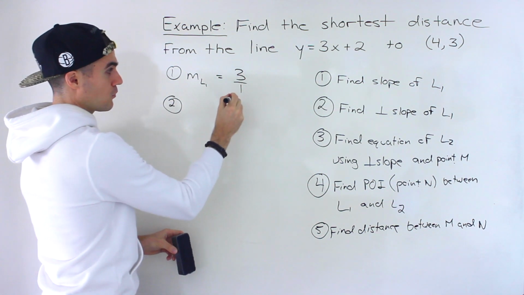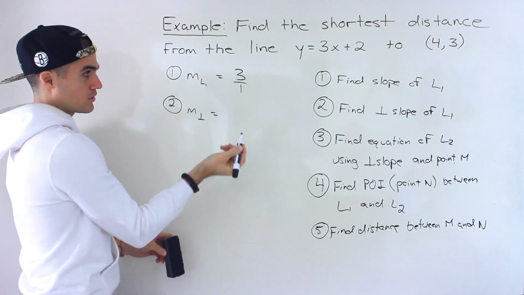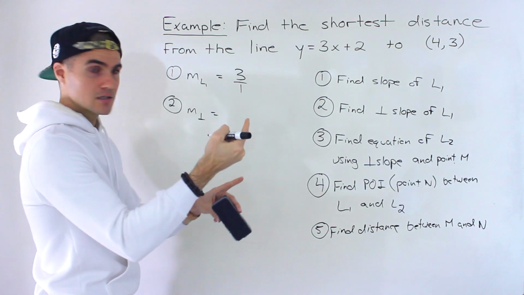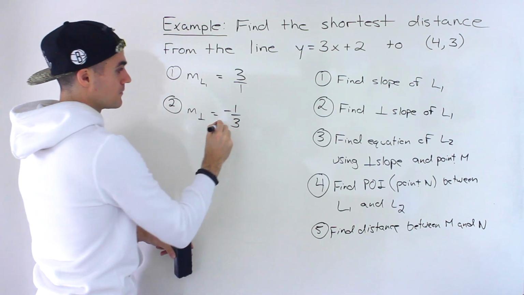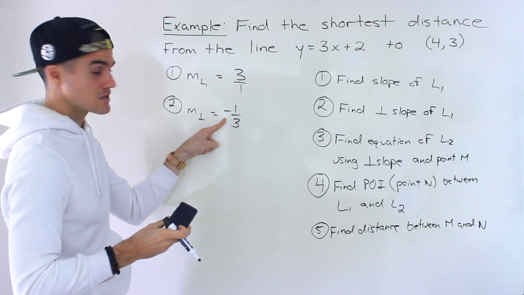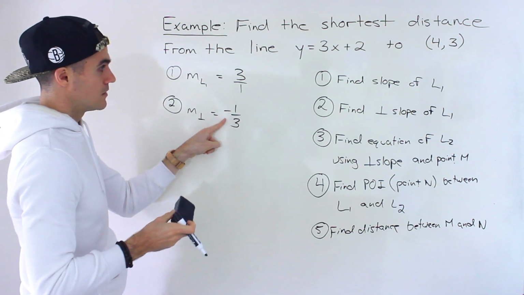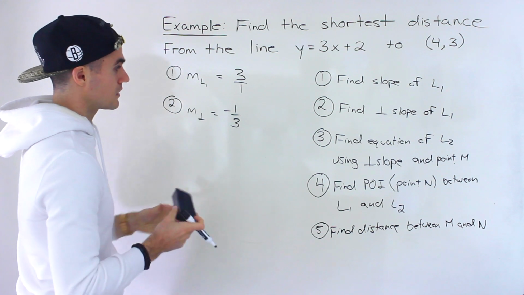So this is like 3 over 1. So the negative reciprocal of this, we would flip it. It's going to be 1 over 3, and then we add a negative. So it would be negative 1 over 3. Right? We just changed the sign. If this was negative 3, this would end up being positive 1 over 3. But in this case, that's going to be the perpendicular slope right there.